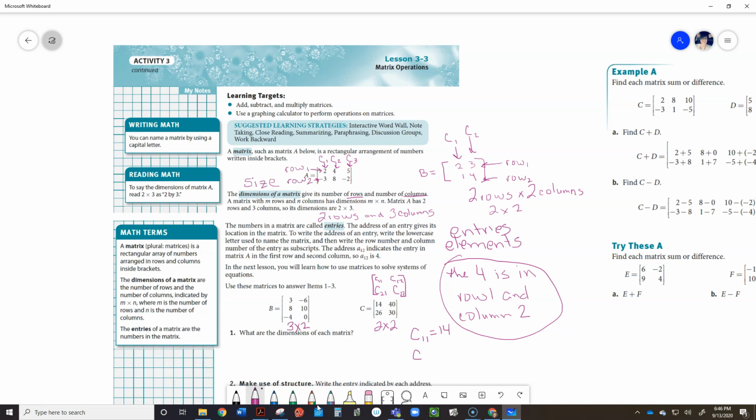And I would say C21 is 26, because it's in the second row, first column. So we've answered question number 1, what are the dimensions of each matrix?